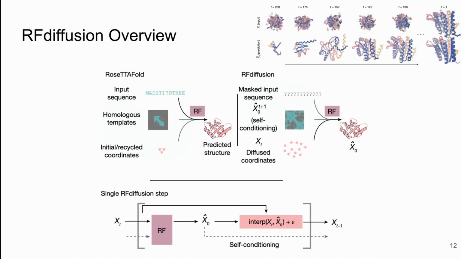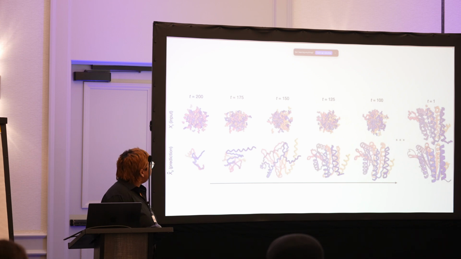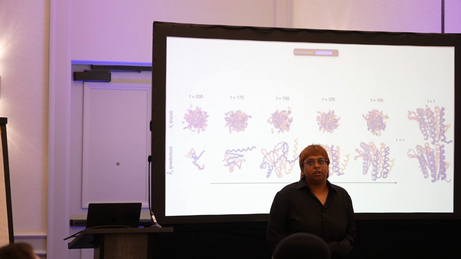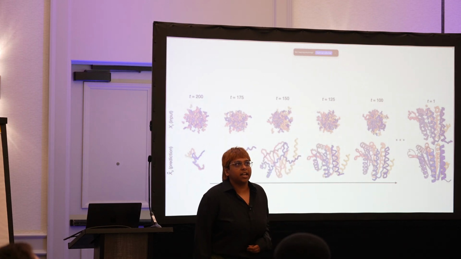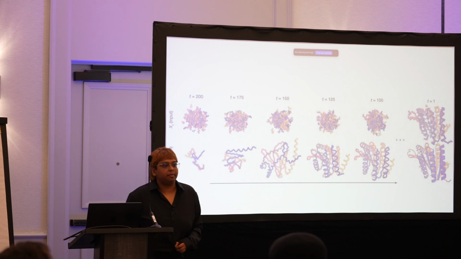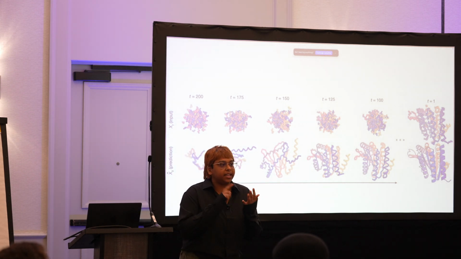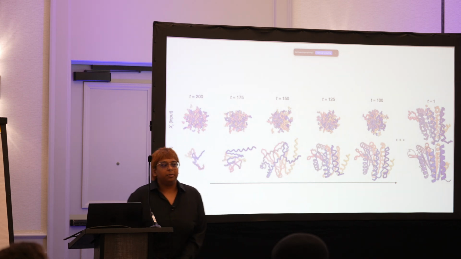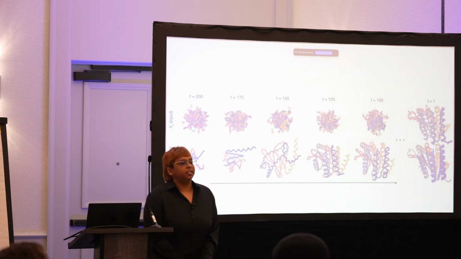So that's how I like to imagine it. You can see here the gradual denoising and how it becomes more and more protein-like at every step. Rosetta fold is a model that's similar to AlphaFold. It does have 3 tracks, so it has the MSA, pair, and template track. But I would think of it as similar to AlphaFold for this case.